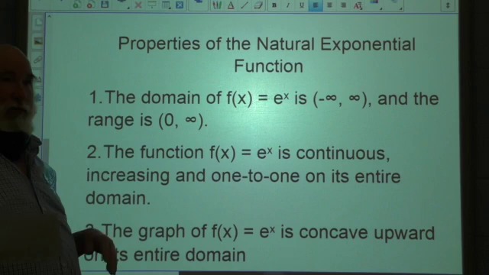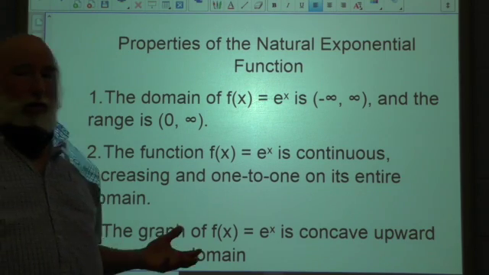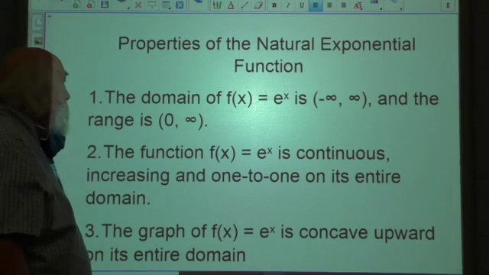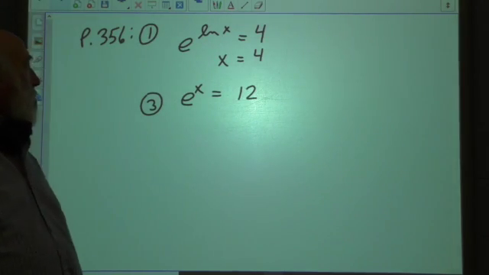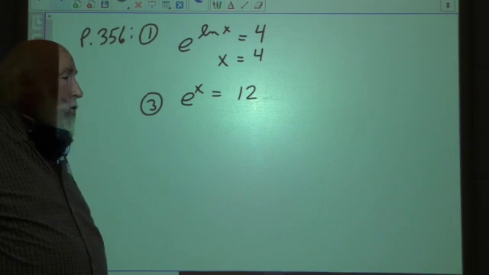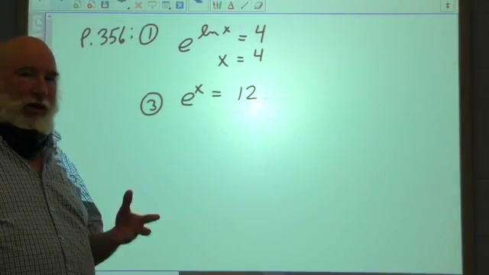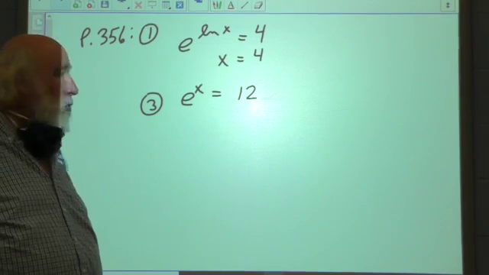If you were to graph y equals e to the x power, you get a good idea what it looks like. We're going to do some problems now in which we're combining e and natural log so you can see what they're referring to here.